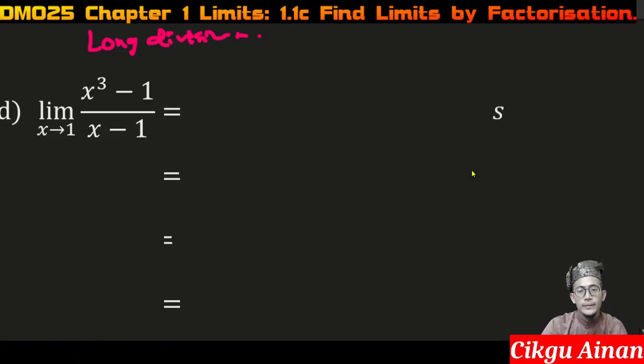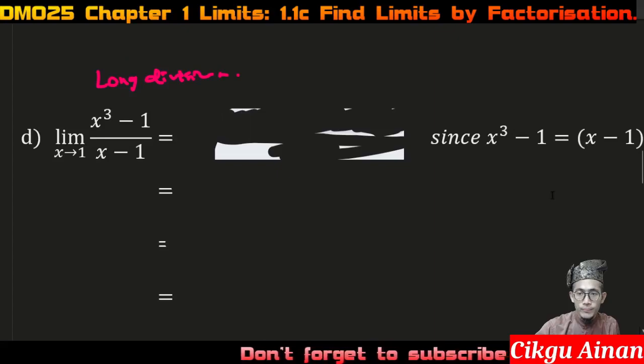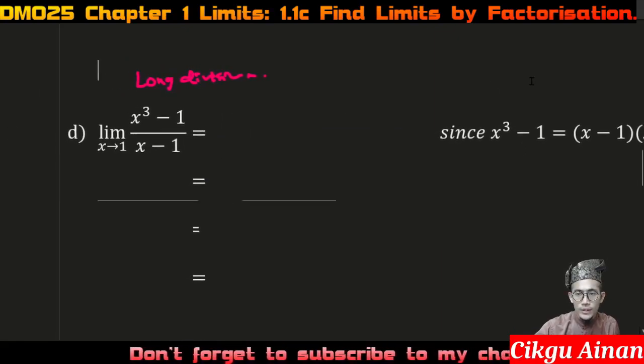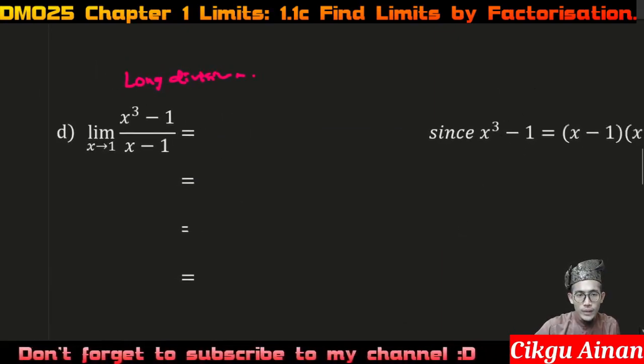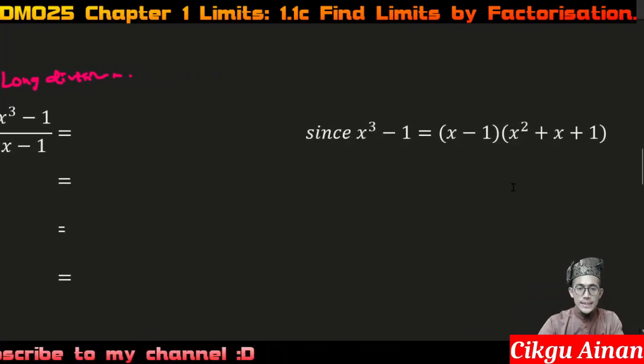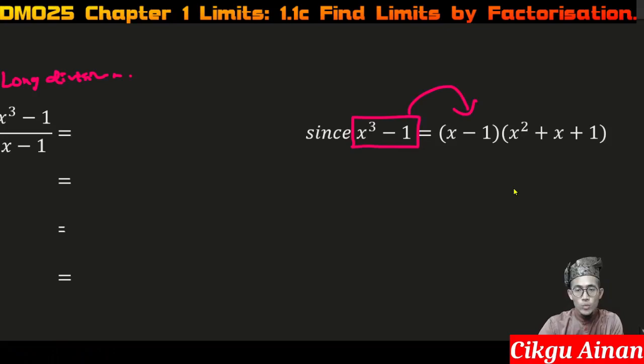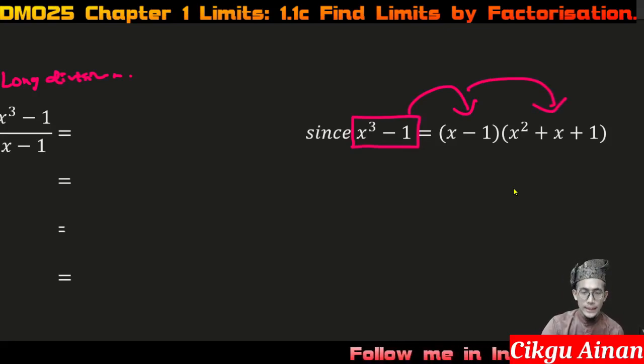Okay, but in short, I give you a clue, or maybe I zoom it out a little bit. Okay, now since I give you the clue already. Okay, since x cubed minus 1 equals x minus 1 multiplied by x squared plus x plus 1. Okay, this is the clue.